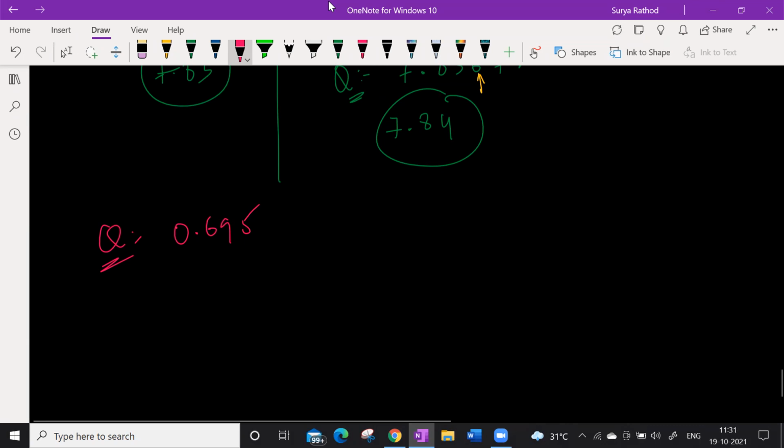Rounding to 2 decimal places means I underline here and take a look at the next number, which is equal to 5. So what comes after 69? 70. Yes or no? Clear?